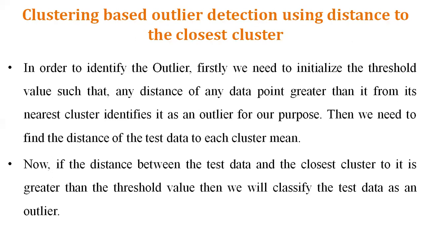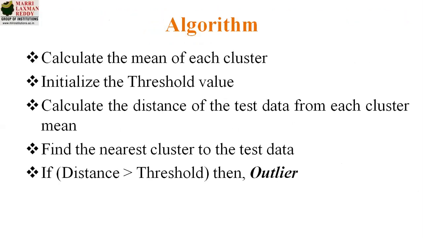The new data point is called test data. If the distance between the test data and the closest cluster is greater than the threshold value, then we classify that data as an outlier. I'll be showing you that with an example and also a sample algorithm in the next slides. Okay. This is the algorithm which we need to understand to identify outliers.